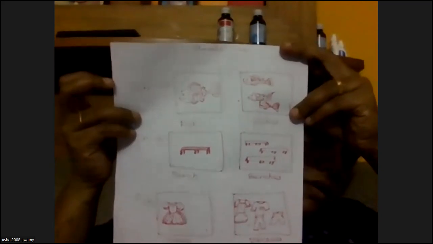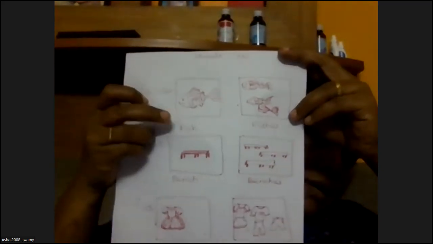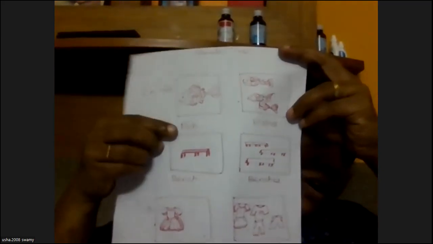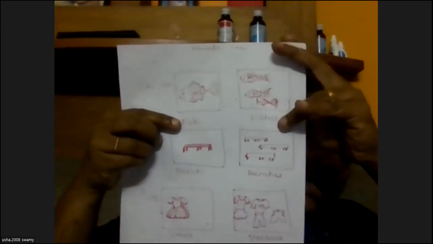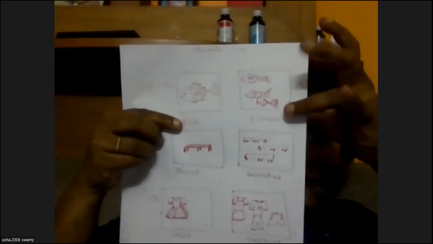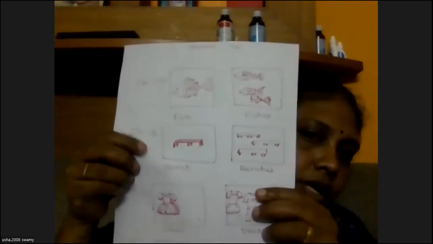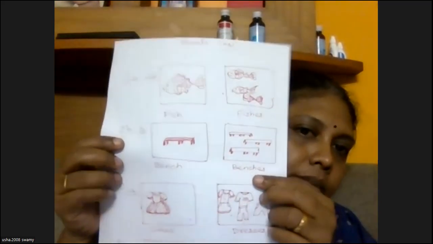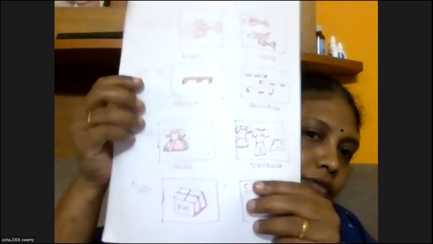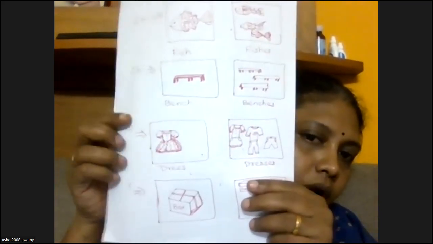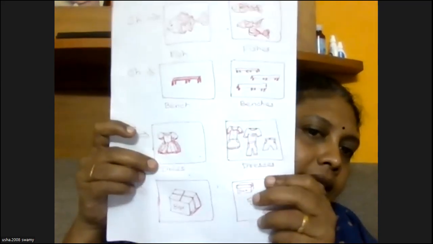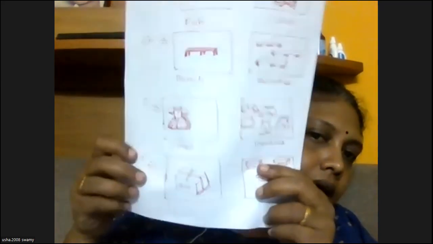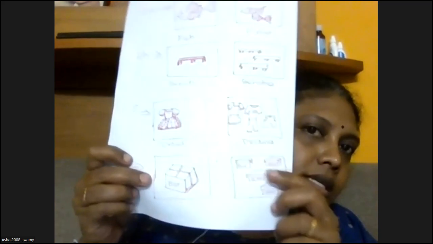This is what I made, how to add S. When the word ends in SH, we have to add ES. For bench, ending in CH, we need to add ES. And for dress, it ends with S, so ES. But the plural of fish is fish only.